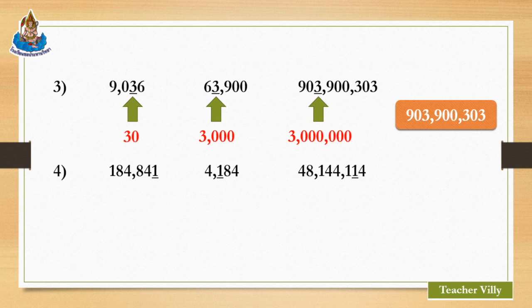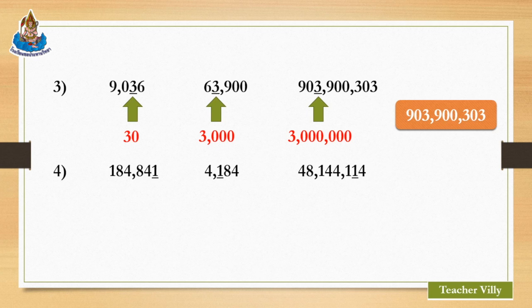Number 4, we have the numbers 184,841. Next number we have 4,184. And the next number we have 48,144,114.